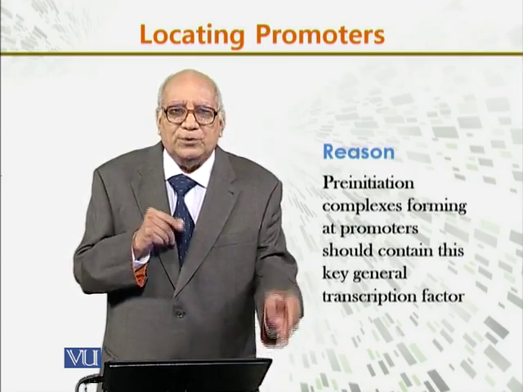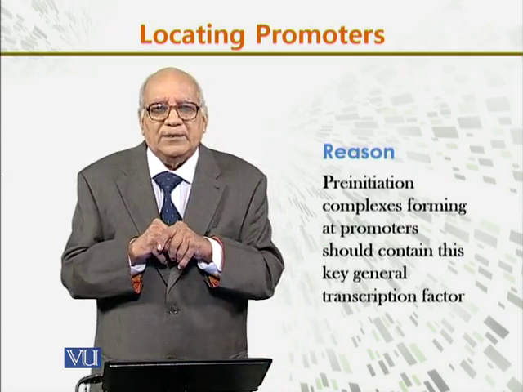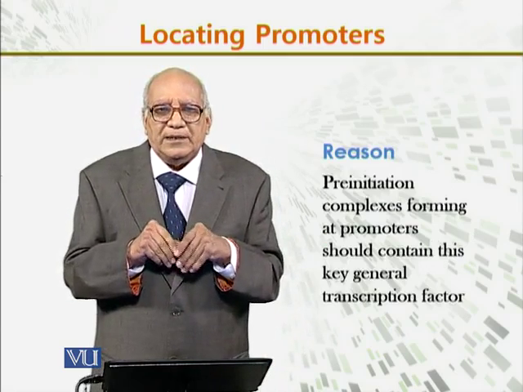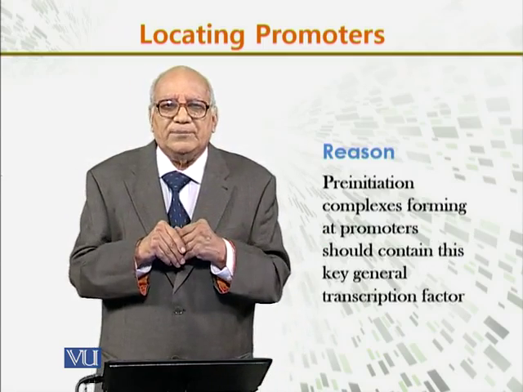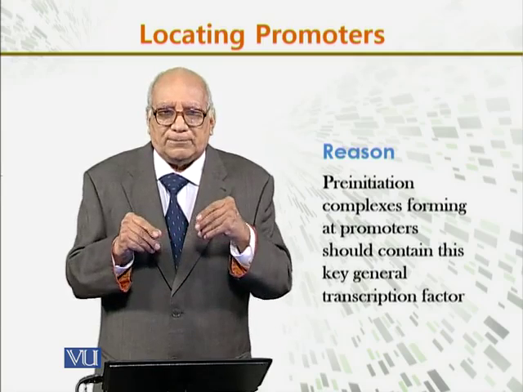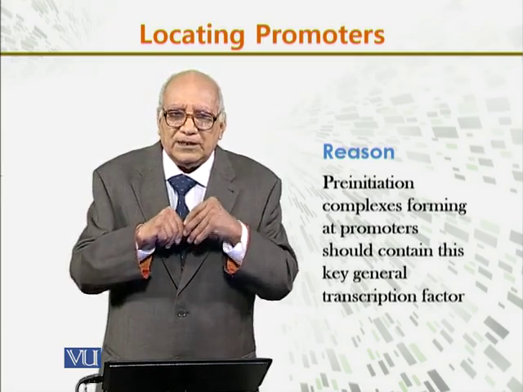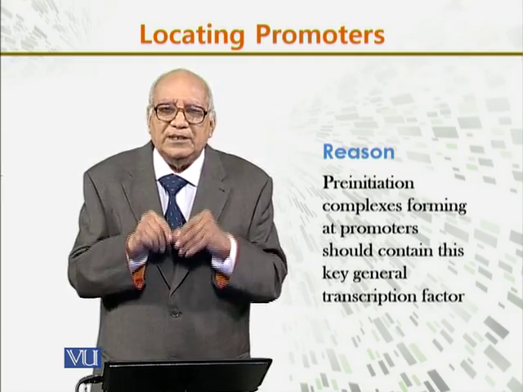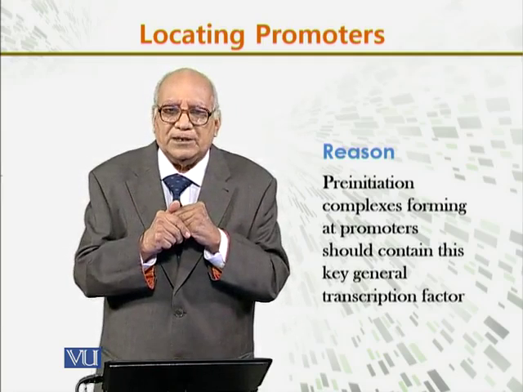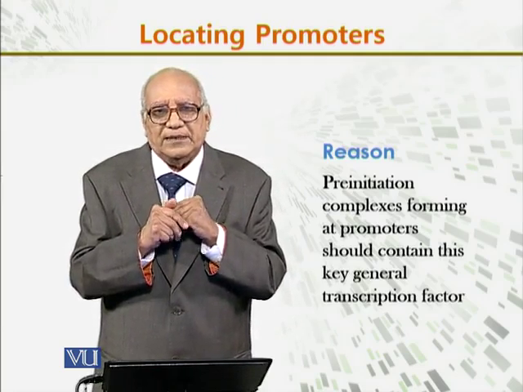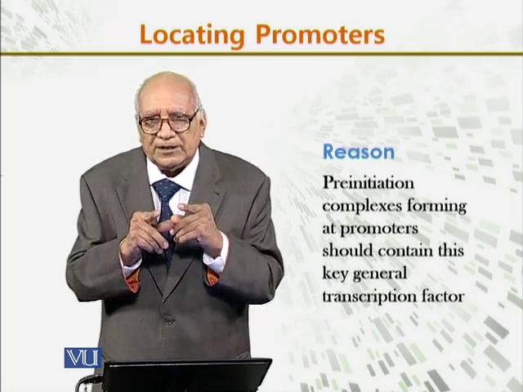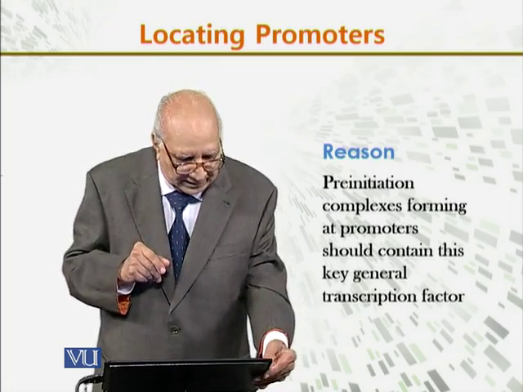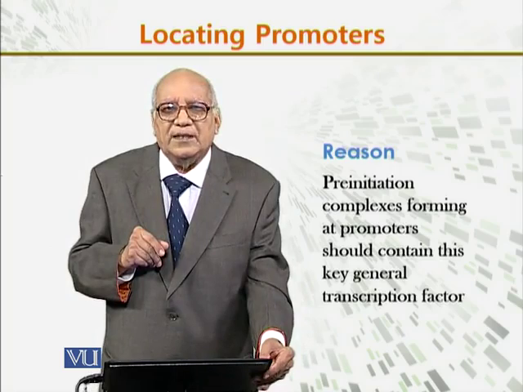Why did they use that antibody? Because the pre-initiation complexes forming at the promoter should contain this key general transcription factor. That was their hypothesis, and that was the reason they used that antibody.